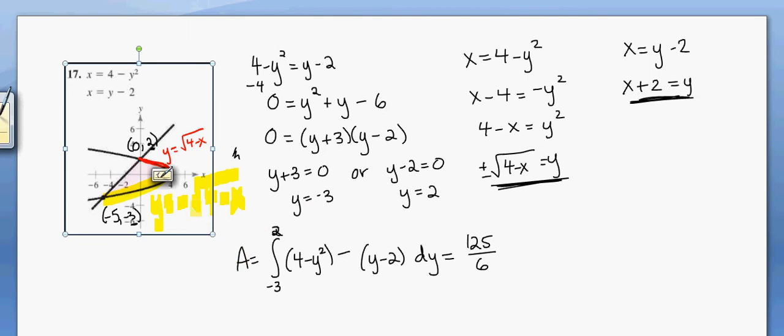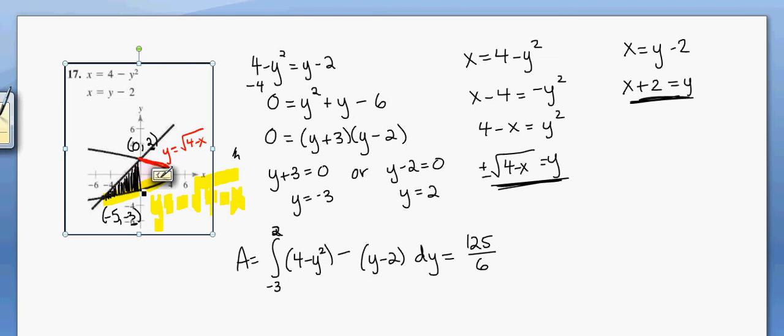Okay, so how do we express this area? When I'm looking from left to right, from x equals -5 all the way to 0, the line is on top and the bottom half of the parabola is on the bottom.